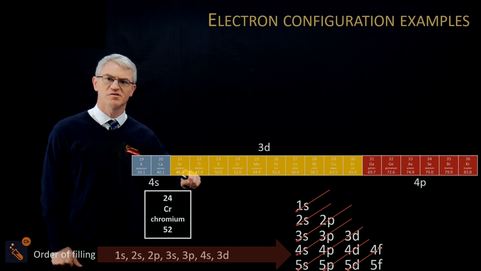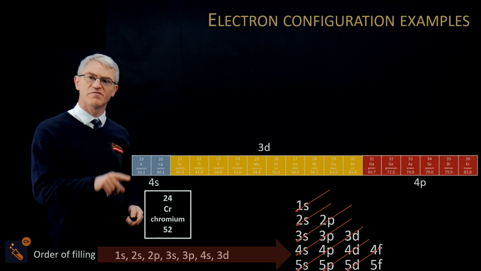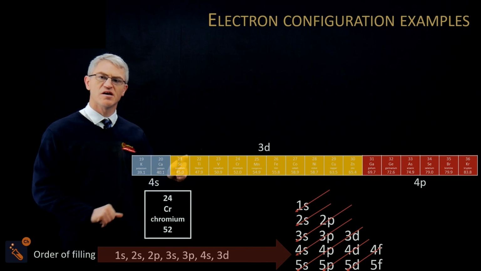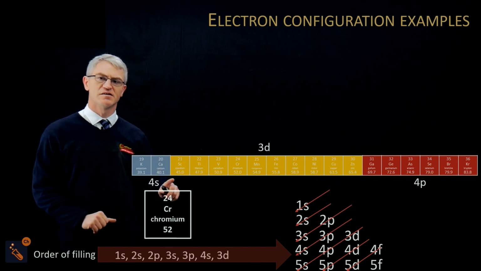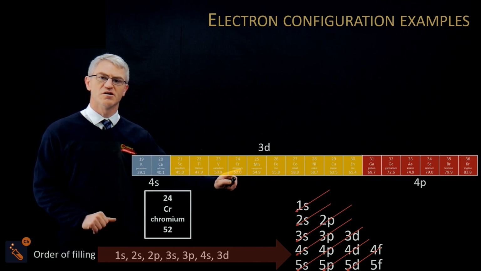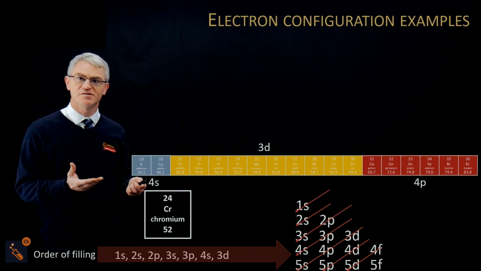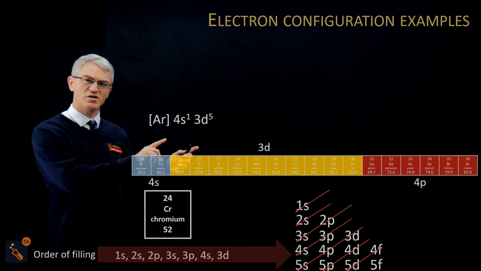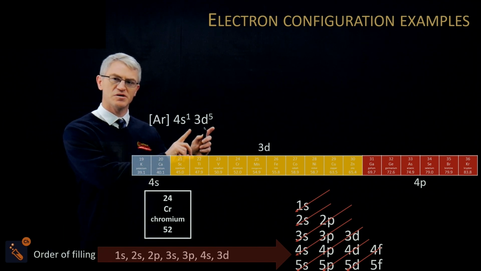That's 1, 2, 3, 4 boxes. So that should be 4s2 and 3d4. But it's not. What you do is take one of the electrons from the 4s and put it in the 3d, giving 3d5.